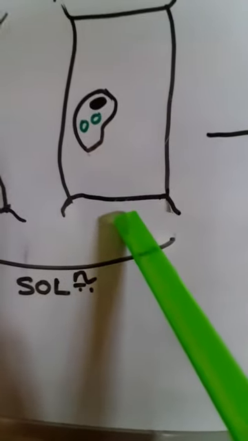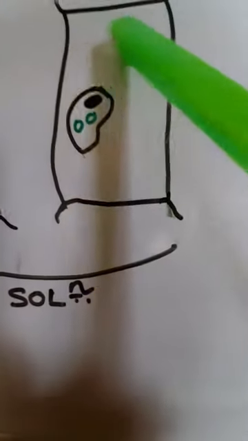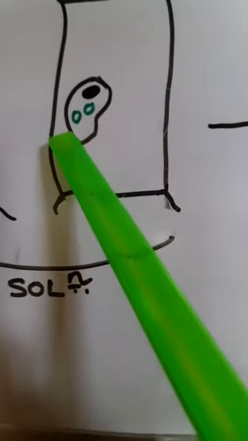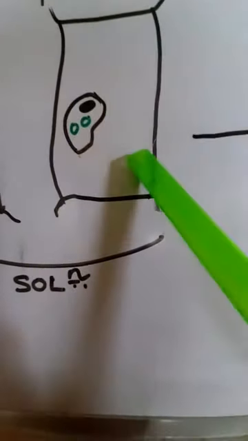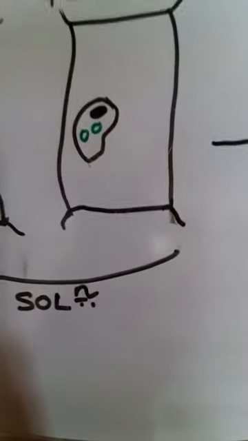When water has come out from the cell and the plasma membrane is away, it has contracted, it has left the cell wall.